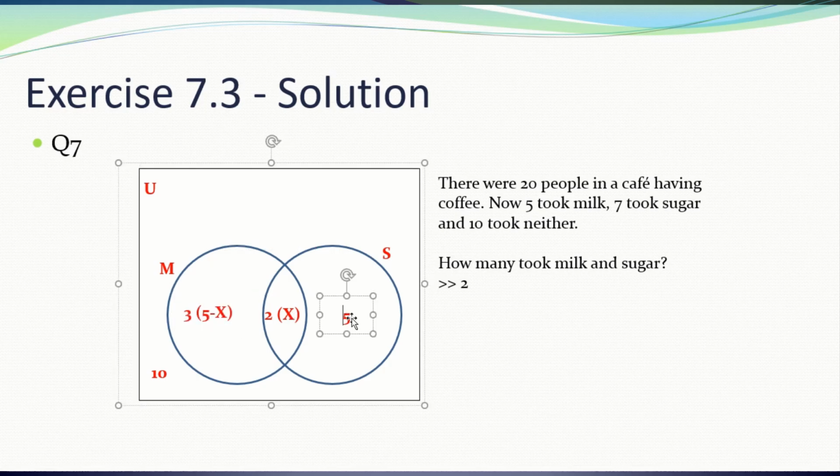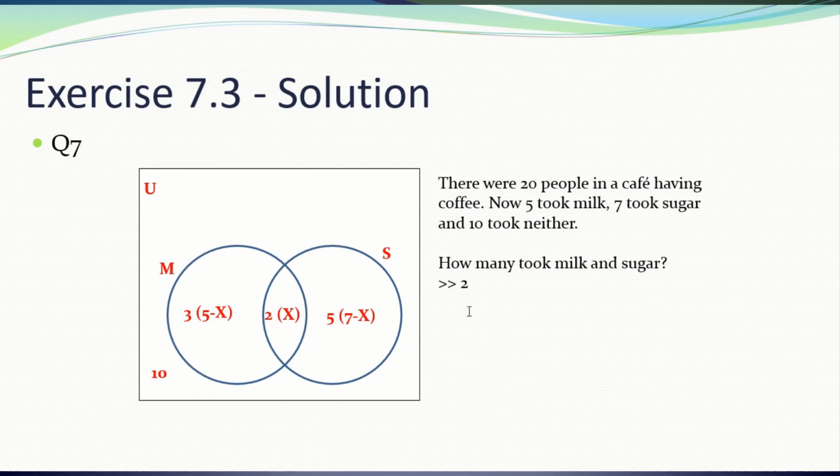And what would this be? Total is 7, right? So this should be 7 minus X. You see here, it's easy to see the intersection. But when you have 3 bubbles, it's very difficult. Okay? So how do you actually do this now? You know this bubble is 10, right?